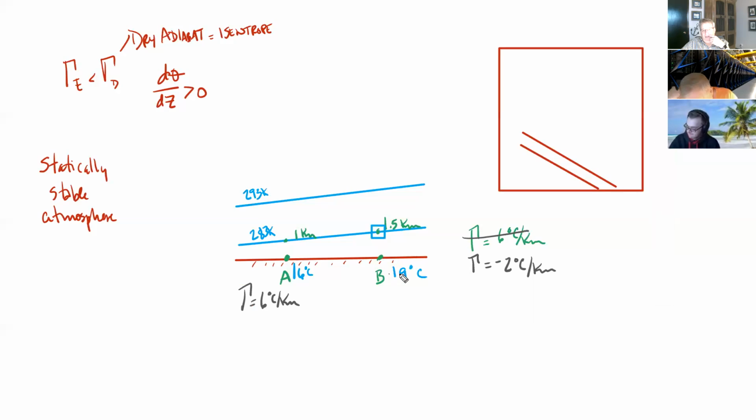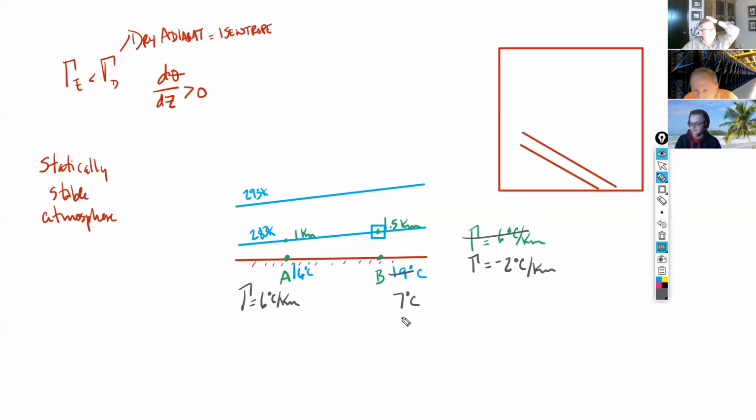What's the temperature at B now? -3. Or would it be 7? Yeah, 7, because it's going to go up. And what would it be here? Still 16. So which is warmer? It's 8.